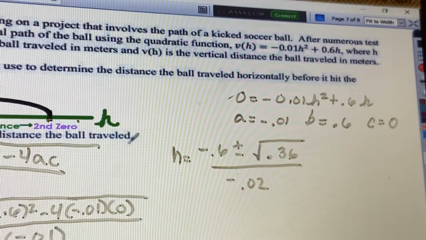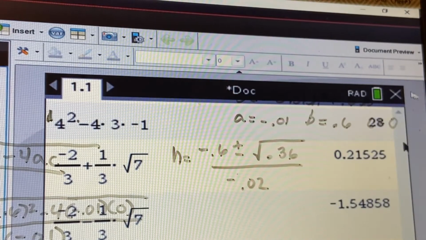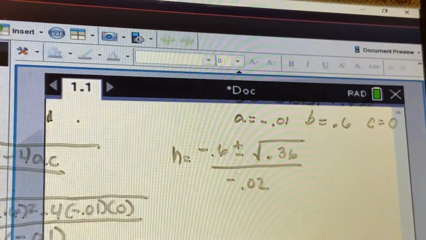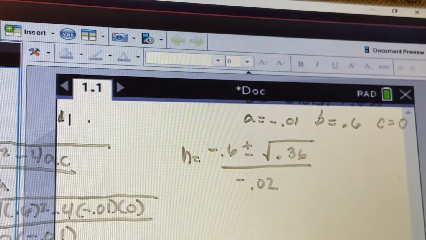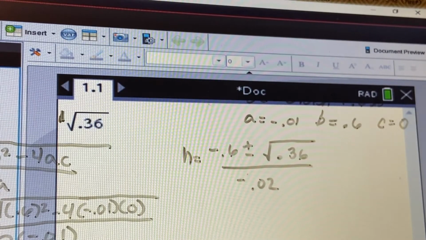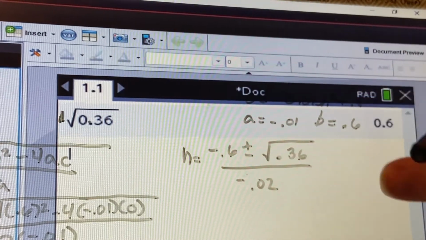If you take that and we do the square root of 0.36, it's hard to see, you get 0.6.